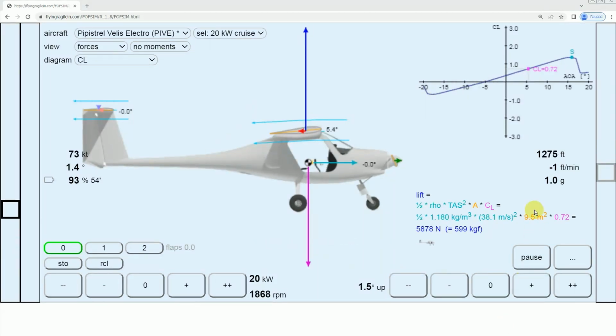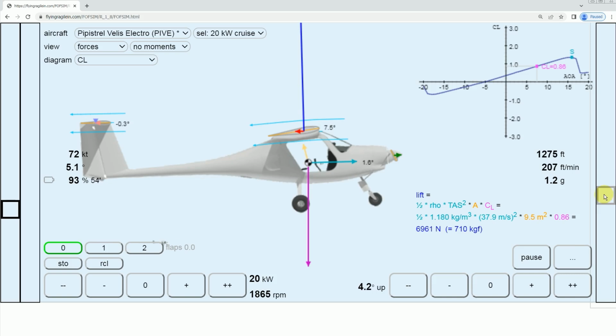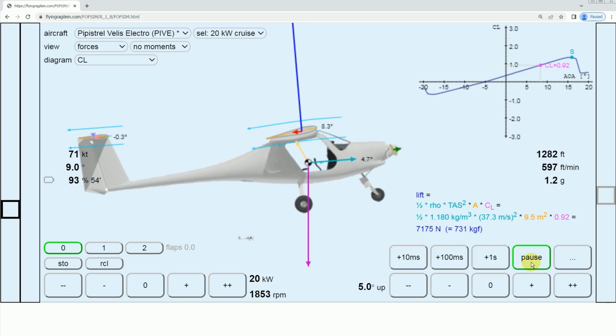Now what happens if we pull on the stick? Will this always result in a climb? Let's see. So we pull on the stick and pause for a moment. Pulling on the stick increased our angle of attack to 8.3 degrees.